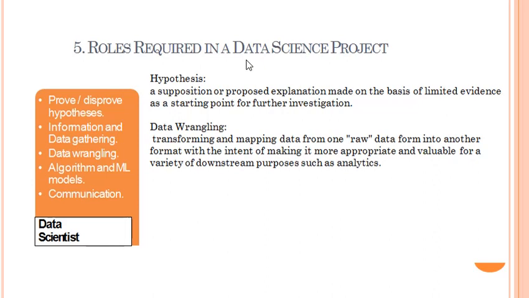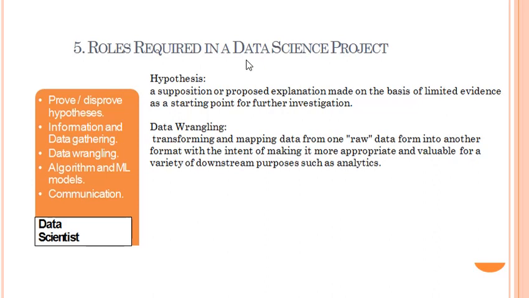Data wrangling is the transformation and mapping of data from one raw data form into another format, with the intent of making it more appropriate and valuable for a variety of downstream purposes such as analytics. Because initially, when you gather data, whether from some kind of hardware resource or from some open source or repository, in both cases the data will not be in a very good form.